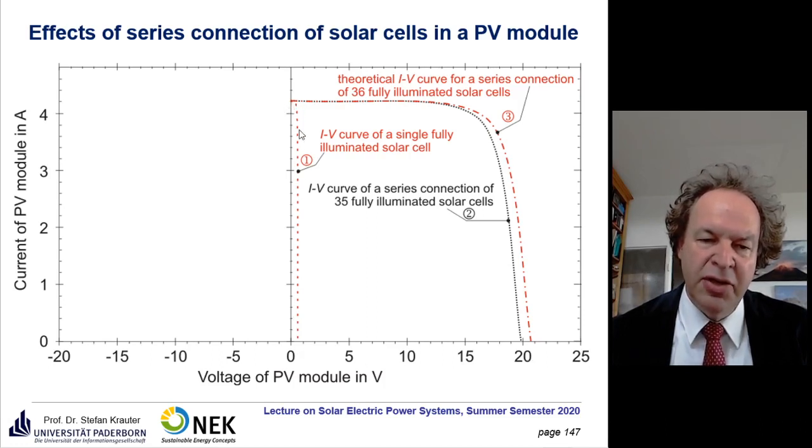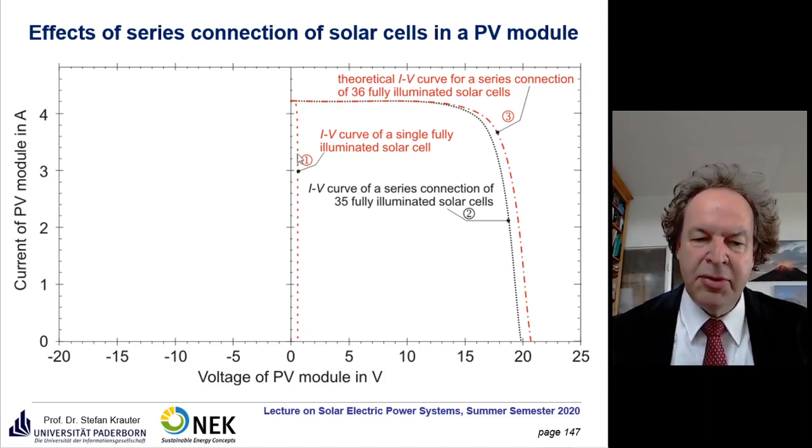This is the IV curve of a single illuminated solar cell with a maximum voltage of about 0.6 volts. The current is in full scale, so on this particular cell we have a current above 4 amps. Many high efficiency solar cells or large solar cells have currents up to 16 amps.